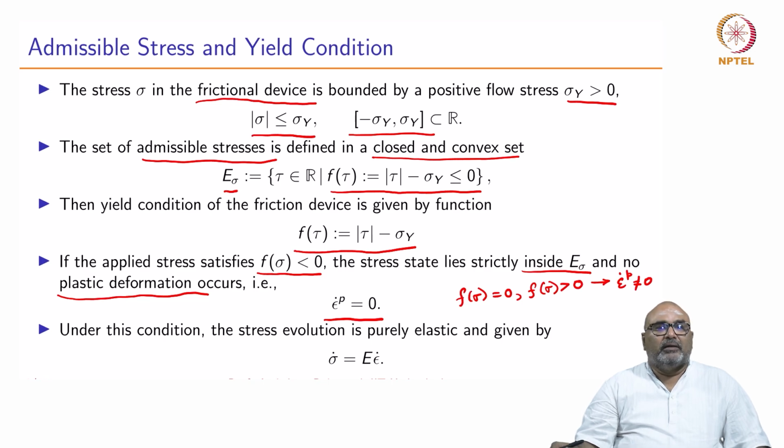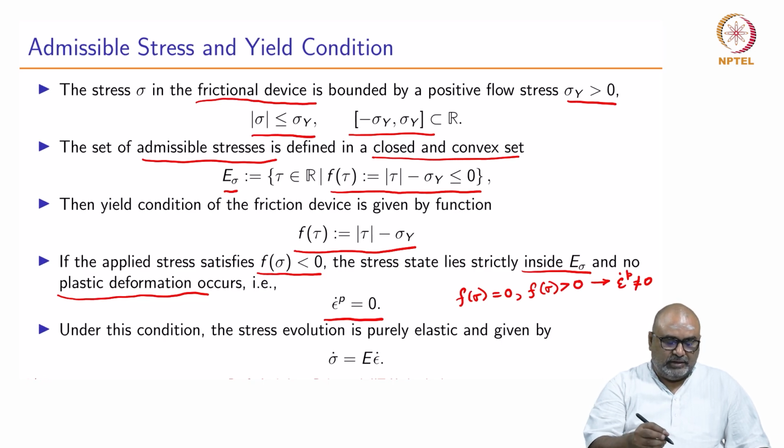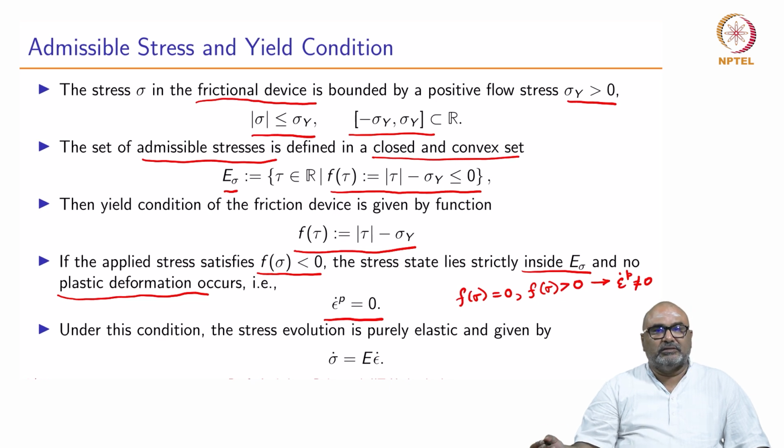So, when f of sigma is less than 0 and the stress state lies strictly inside the region E of sigma, the admissible stress region, there is no plastic deformation. So, epsilon dot p equal to 0.